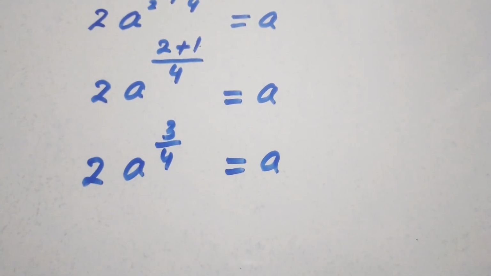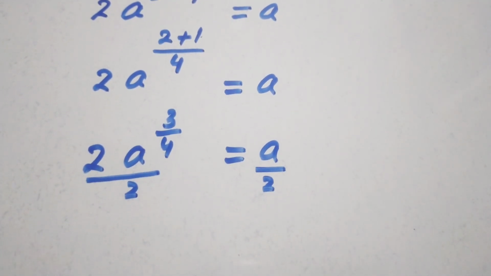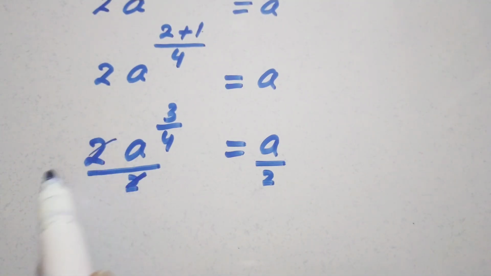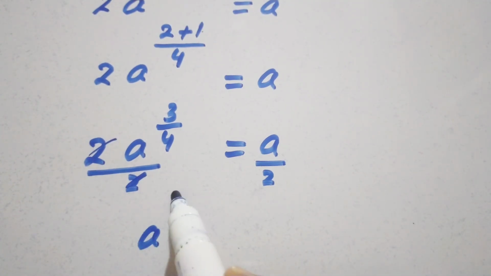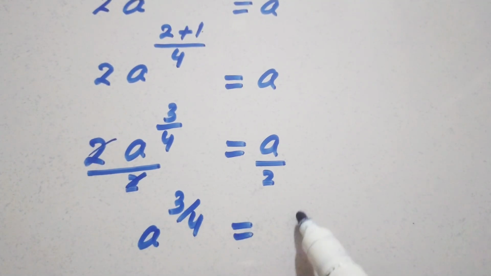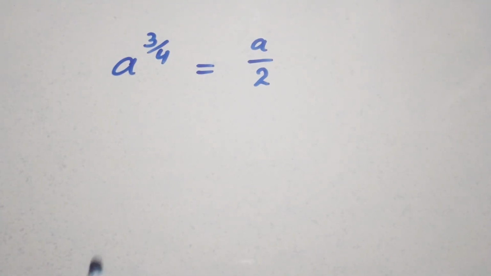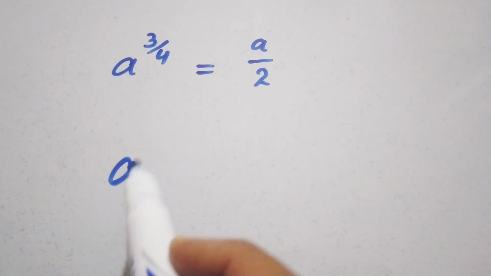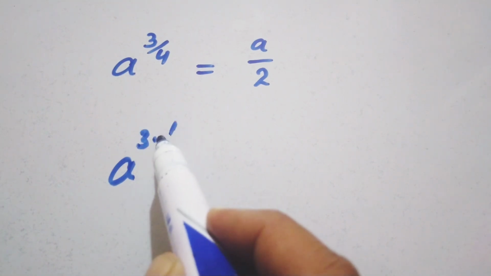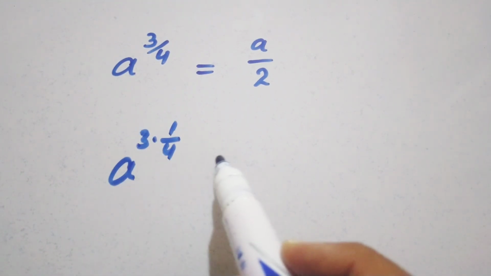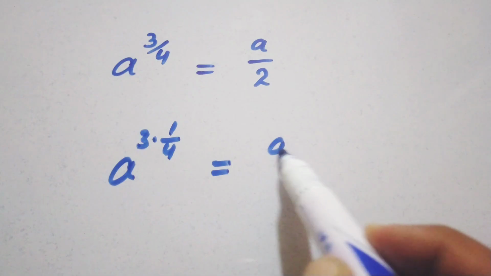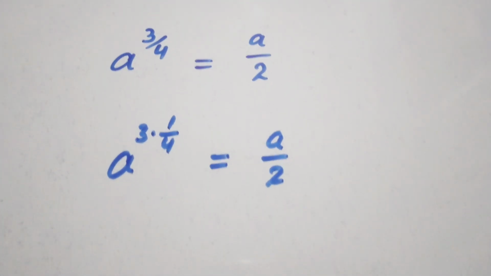Now dividing both sides by 2, this 2 and 2 cancel out. A power 3 by 4 is equal to a divided by 2. This we can write as a power 3 multiplied by 1 by 4 is equal to a divided by 2.